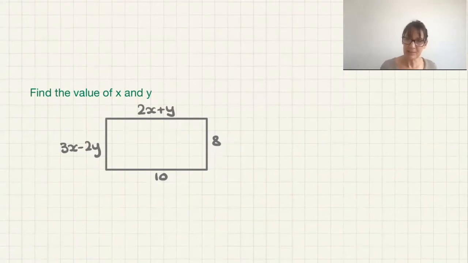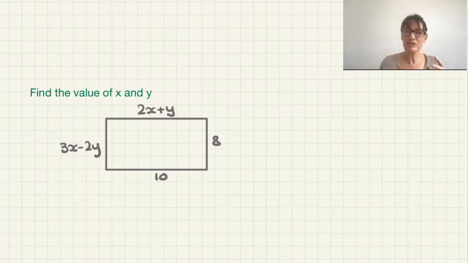If you just think about what you're looking at, think about what you're trying to write. So I would really love it if you would hit pause and just have a go. It might be that you just want to try and write the equations and then check that you've done that right, and then maybe pause again to solve them, so that you're not doing everything from start to finish.